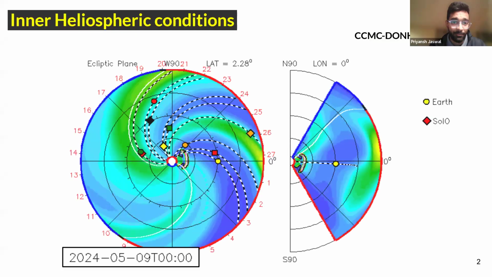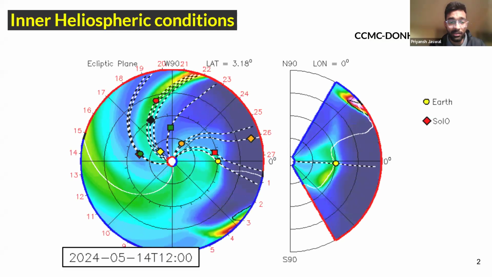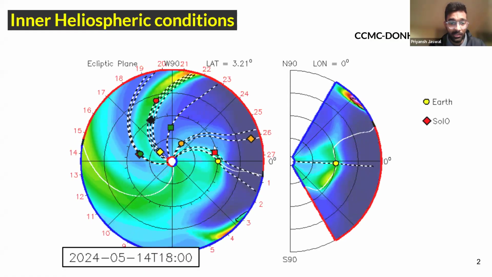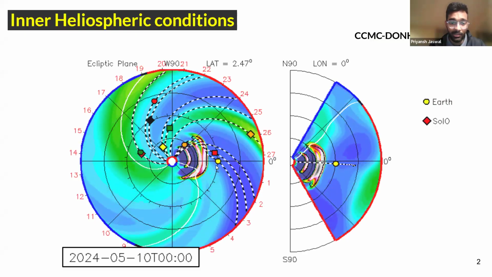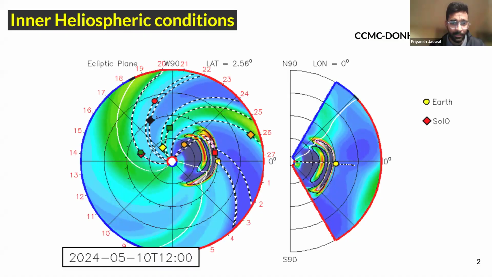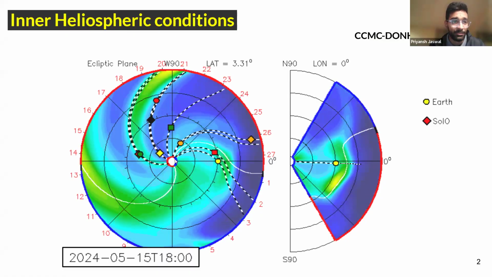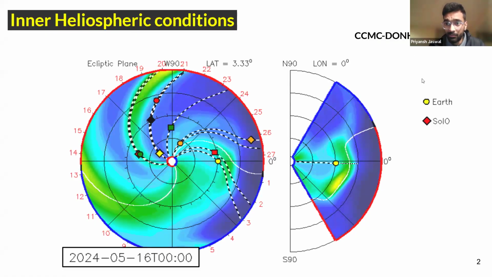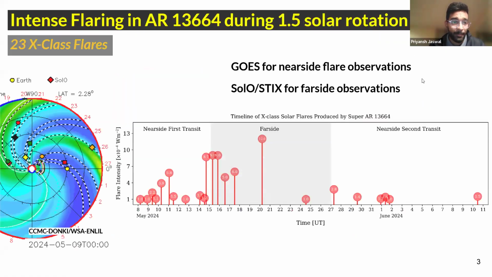What had happened? If we look at the heliospheric conditions during that period, during 10 to 11 May, multiple coronal mass ejections had hit the Earth. This yellow dot here is the planet Earth, and the center is the Sun, and these are the very nice WSA-ENLIL simulations.